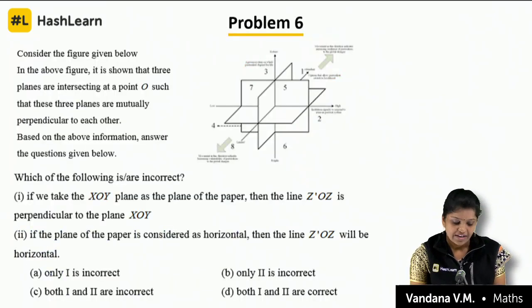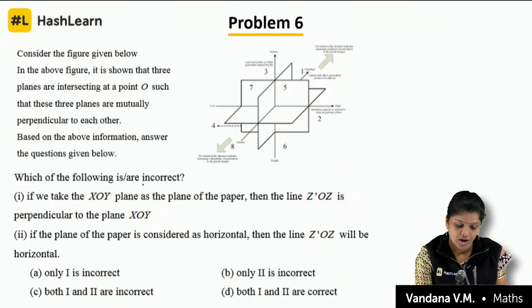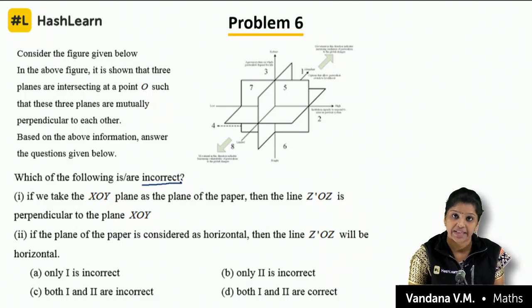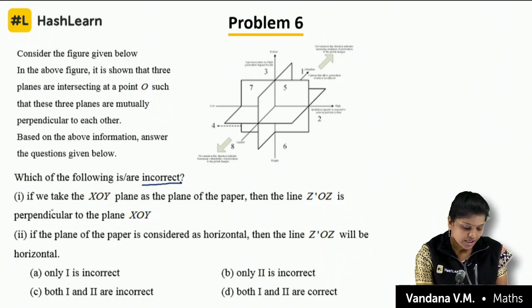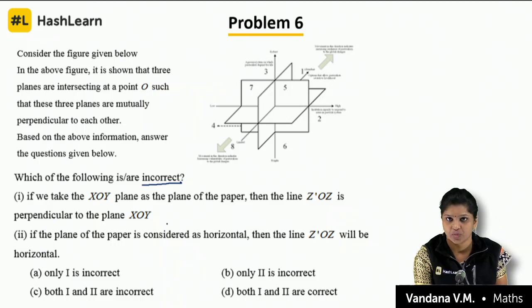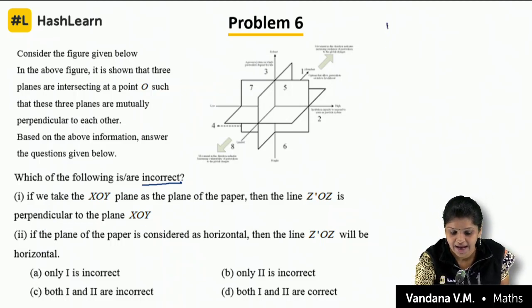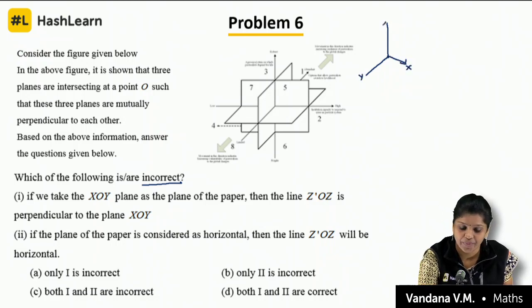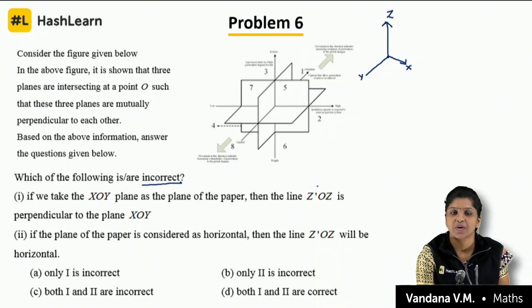which of the following is incorrect? Observe this, not the correct one, it is the incorrect one I have to pick. If we take XOY plane as the plane of the paper, then Z dash OZ is perpendicular to XOY plane, isn't it? Z axis is perpendicular to XY plane. If I am taking it as a paper, obviously the Z axis is perpendicular to it. Yes, it is correct.